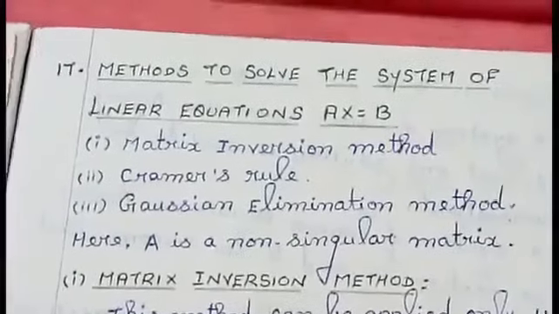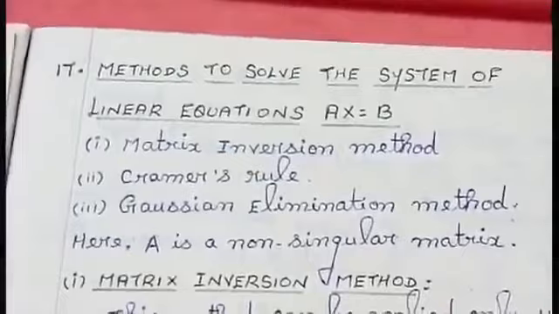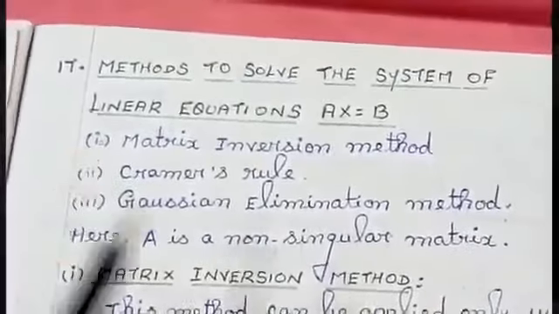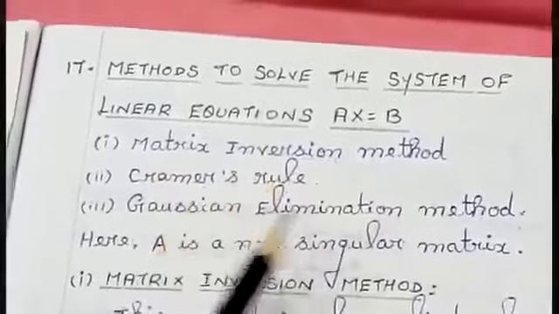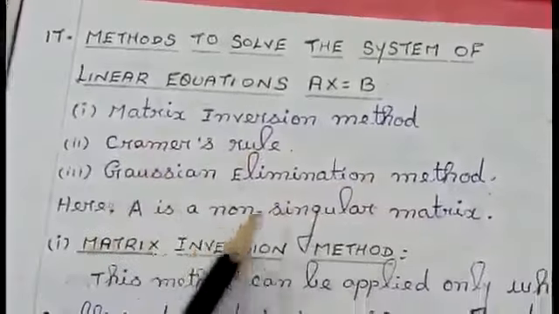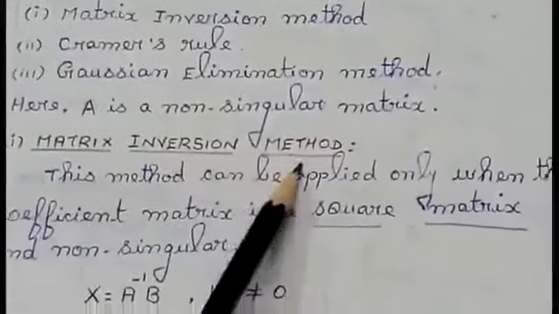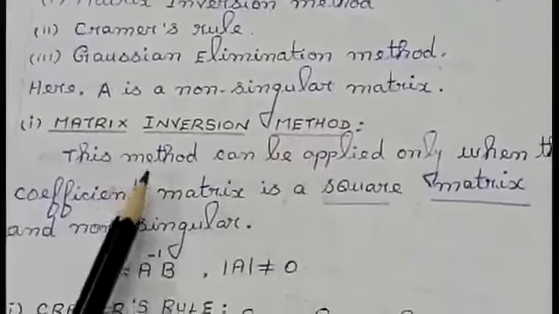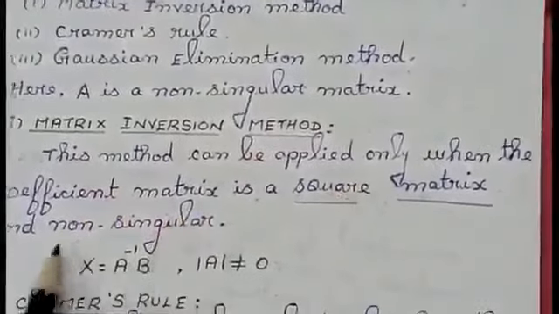Now we are going to recall the methods we applied to solve a system of linear equations. Here we applied three methods: matrix inversion method, Cramer's rule and Gaussian elimination method, where A is a non-singular matrix. The matrix inversion method is applied only when the coefficient matrix is a square matrix and non-singular.